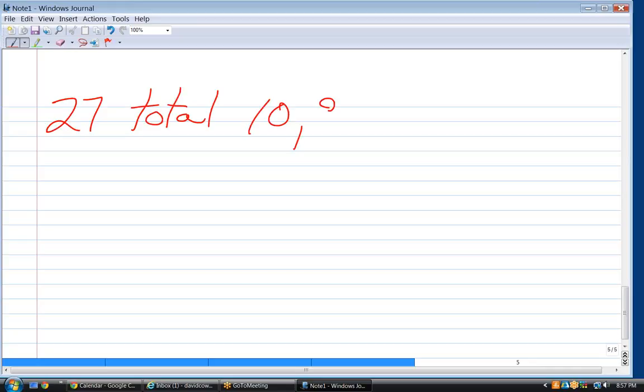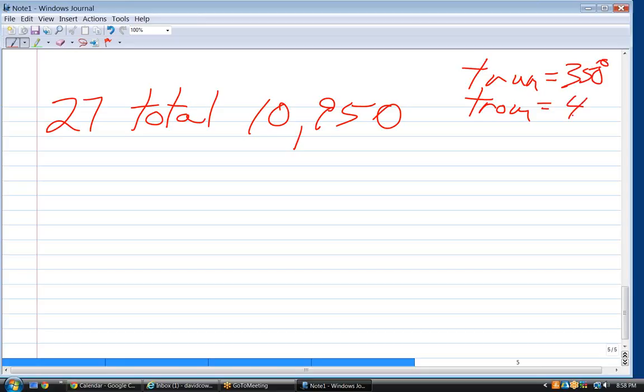By looking at the catalog, he can tell that each trumpet costs $350 and each trombone costs $475. How many of each type of instrument are in the shipment? What was the cost of each trumpet? Trumpet costs $350. And trombones? $475.